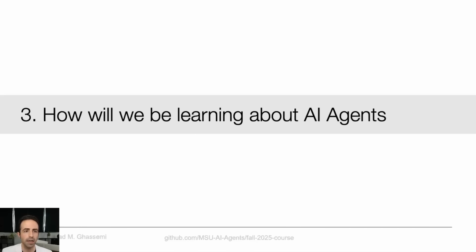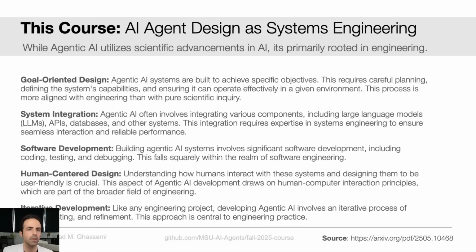So speaking of learning, how are we going to be approaching the learning regarding AI agents this semester? Okay. Well, we're going to be approaching this as a systems engineering task. The reason is because while agentic AI does utilize scientific advancements in AI, like there's a lot of science that goes into making LLMs better, making reinforcement learning better, and so on, when people talk about AI agents or agentic AI, it's primarily rooted in engineering paradigms and approaches.